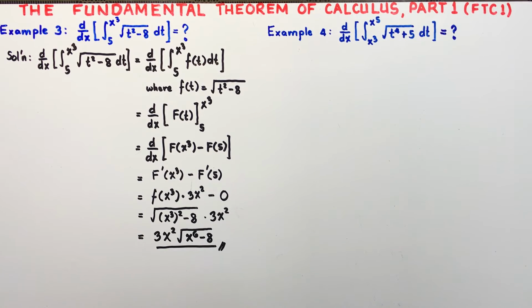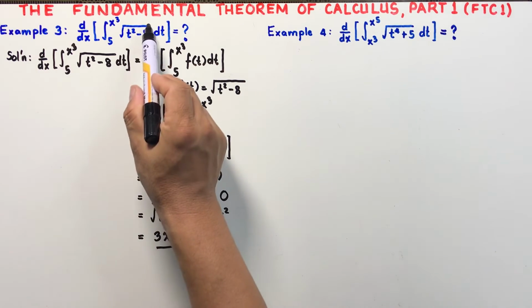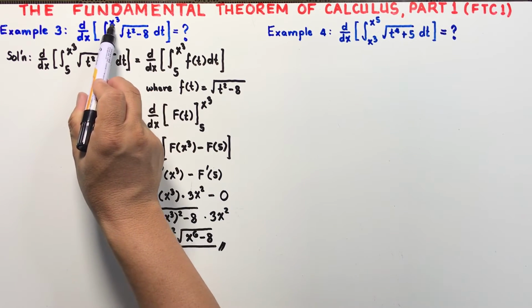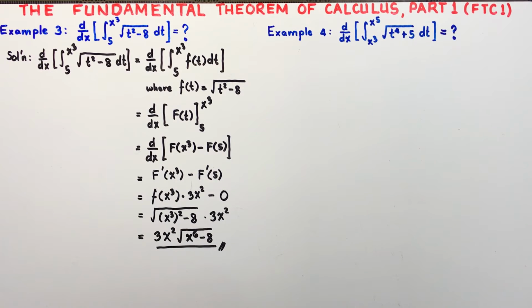Now looking at our given, it is just this integrand here, substituting your upper limit. But don't forget to multiply by the derivative of x cubed, which is 3x squared.